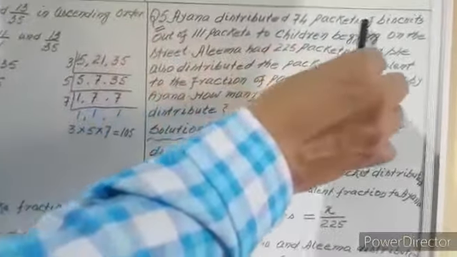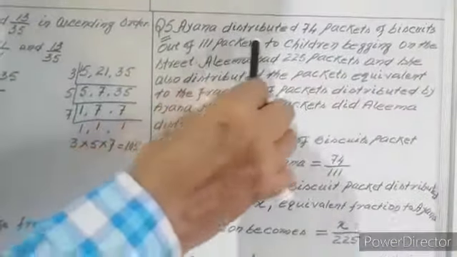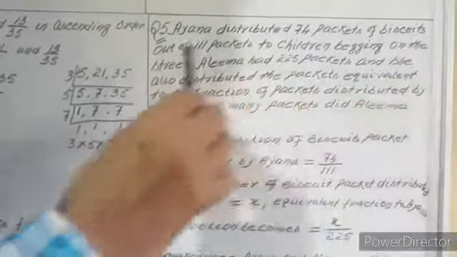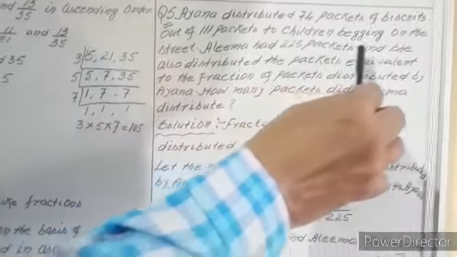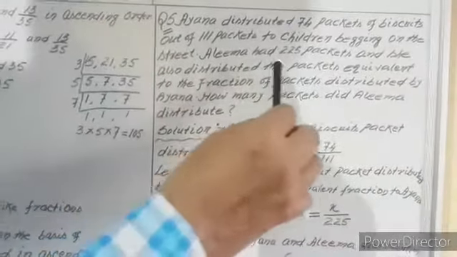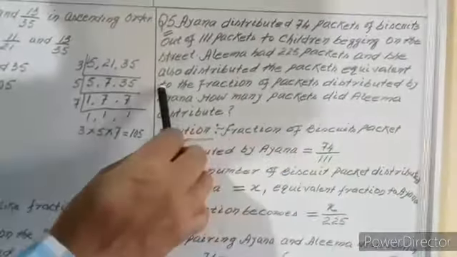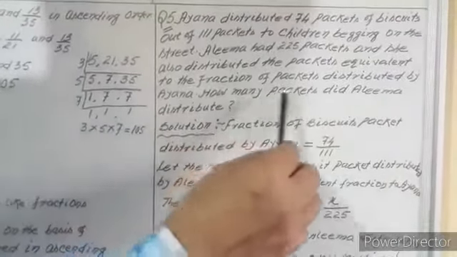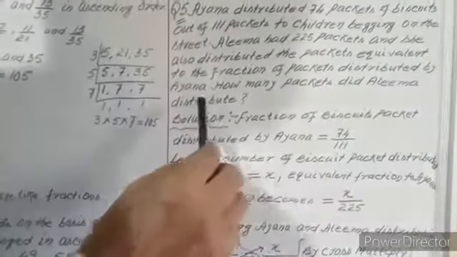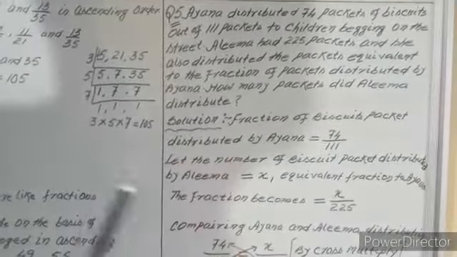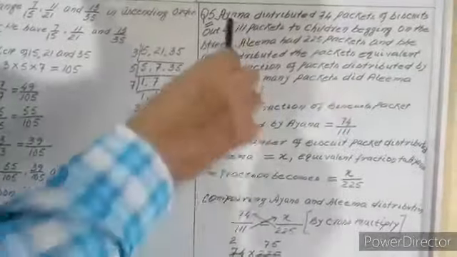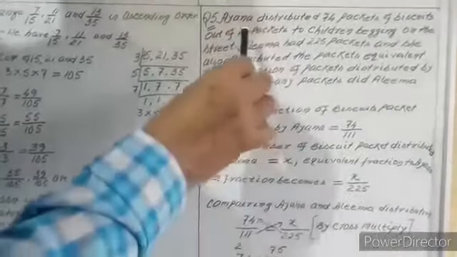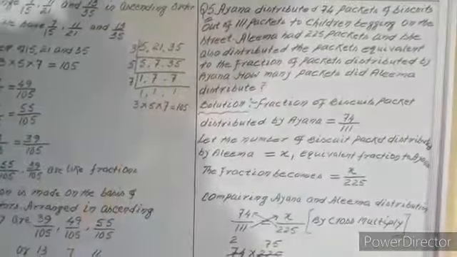Now another question we have: Ayana distributed 74 packets of biscuits out of 111 packets to children begging on the street. Alima had 225 packets and she also distributed packets equivalent to the fraction of the packets distributed by Ayana. How many packets did Alima distribute? So here, Alima had 225 packets and Ayana had a total of 111 packets.